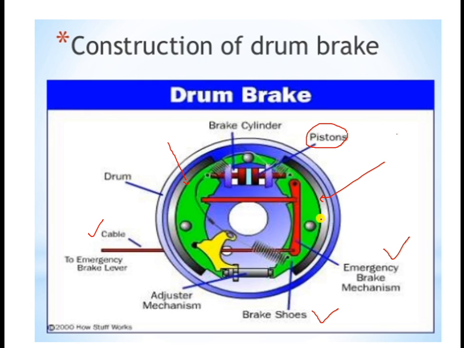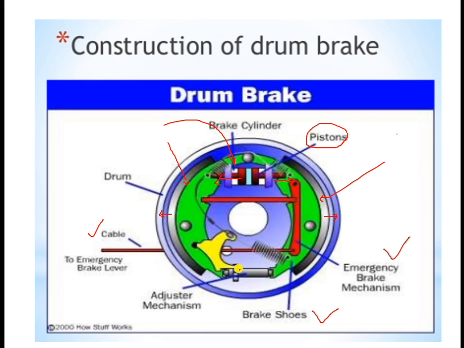These brake linings rub against the internal drum. They will be forced in this direction as well as in this direction, with the help of this linkage, whenever the brake pedal is applied. These two pistons force the two brake shoes in opposite directions.